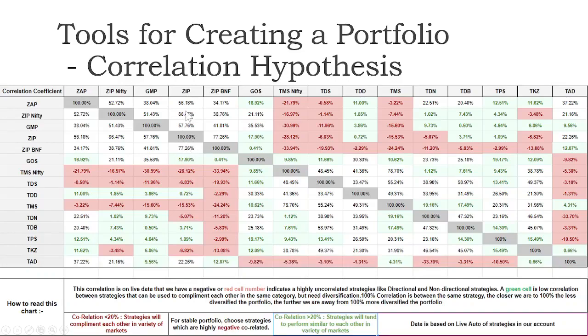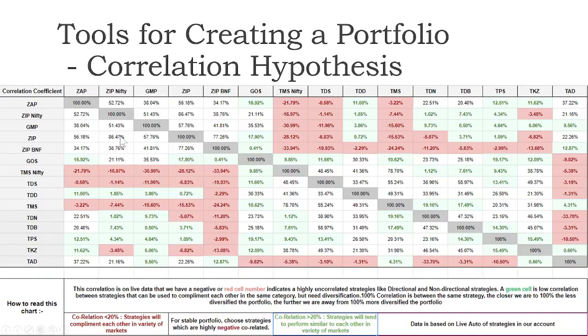So for example, zip and zip bnf: zip bnf is part of zip, so that's the reason the correlation is higher at 77%. While between zip bnf and zip nifty, the correlation is lower at 38%, which is a very interesting thing, and this is something we will talk about going forward in the next slides.